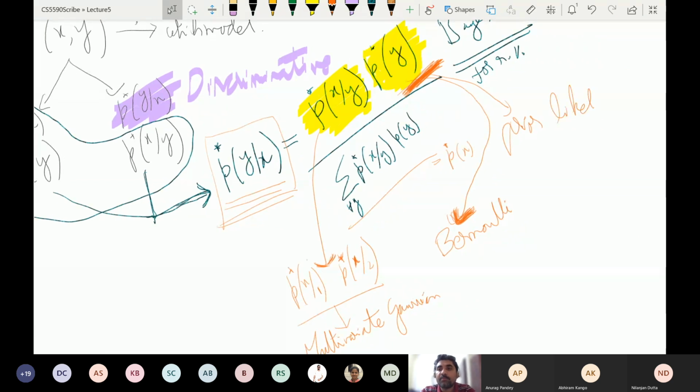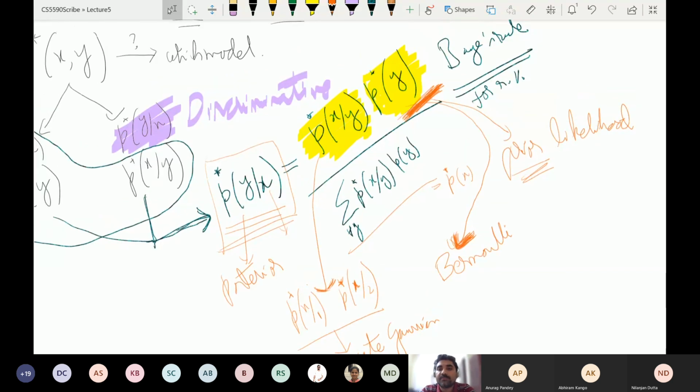Why the name prior? Because this is called the posterior. Why was this called posterior? Because it's the posterior likelihood of outputs after seeing the input, and this is before seeing the input. So it's called prior. Is the terminology clear?